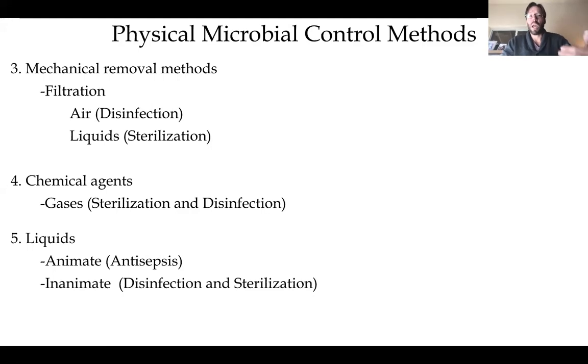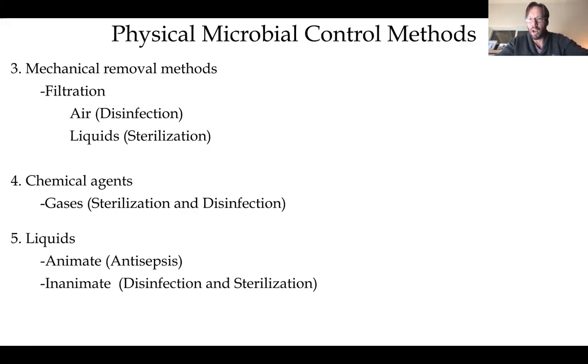Then we get into chemical agents. There are different gases that can be used, chlorine gas, liquids. And all of these things have different targets and different degrees of control. Okay, and that's what I want you guys to get out of this.